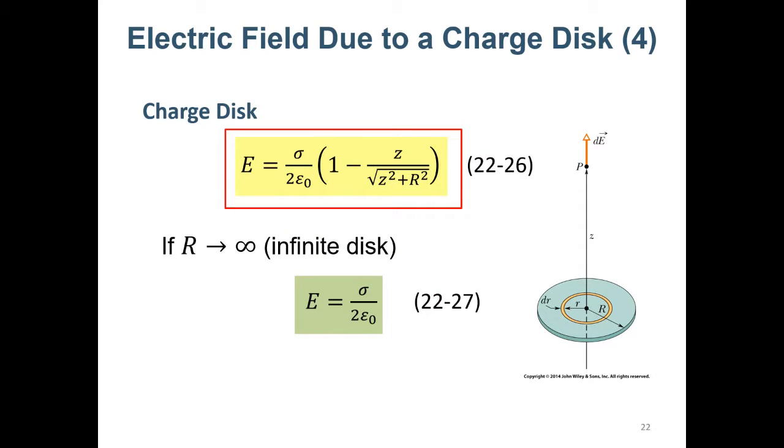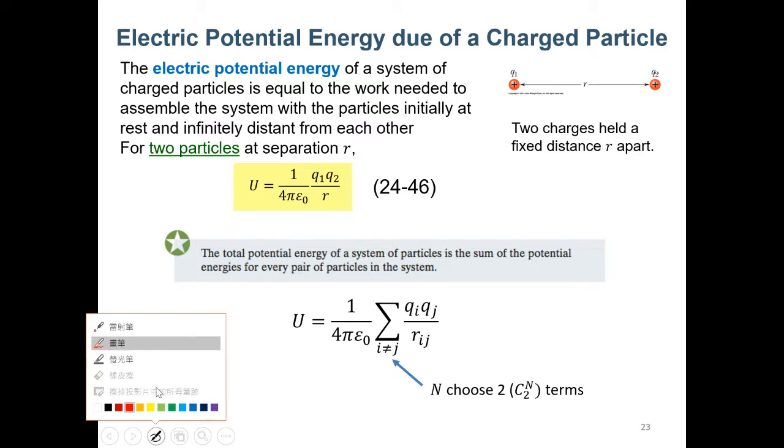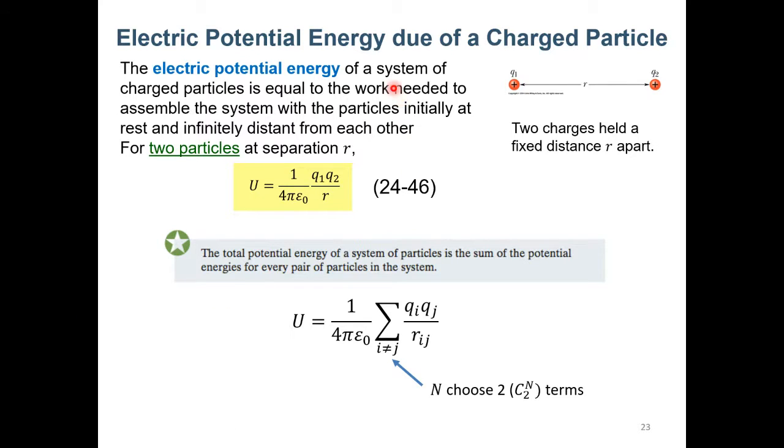So actually, this is what we derive. Here we have already defined the electric potential energy, and now we need to calculate the electric potential energy due to charged particles.